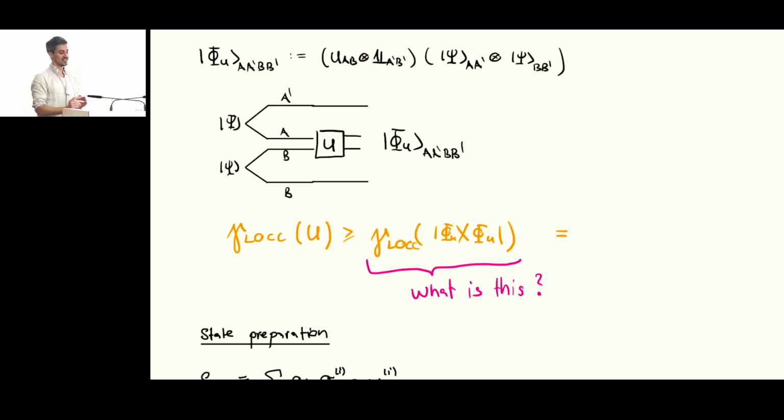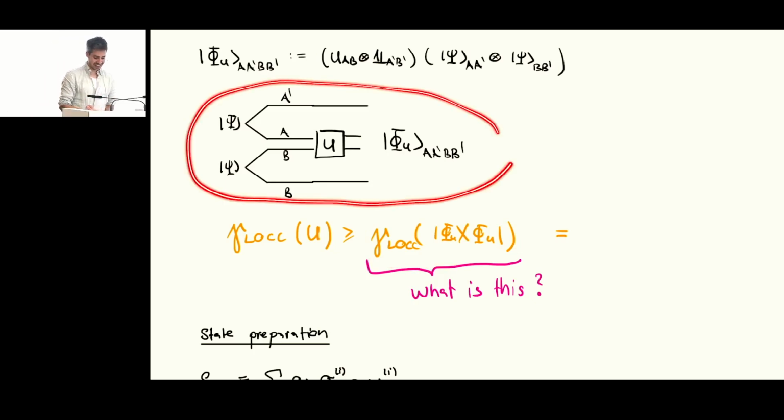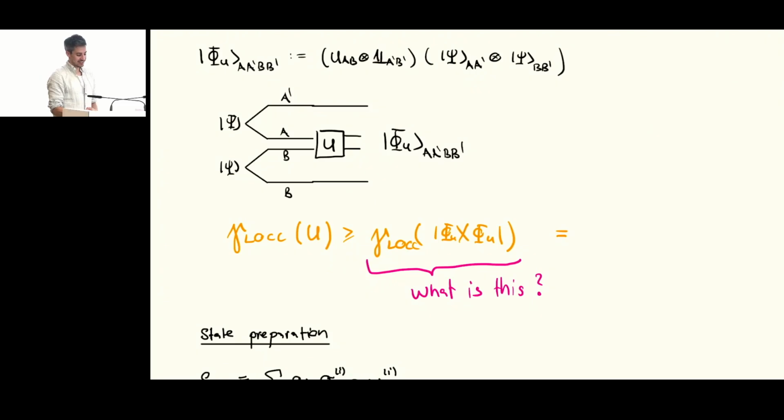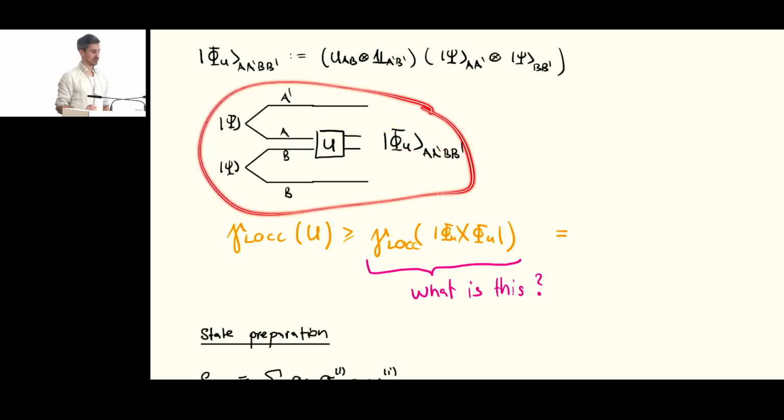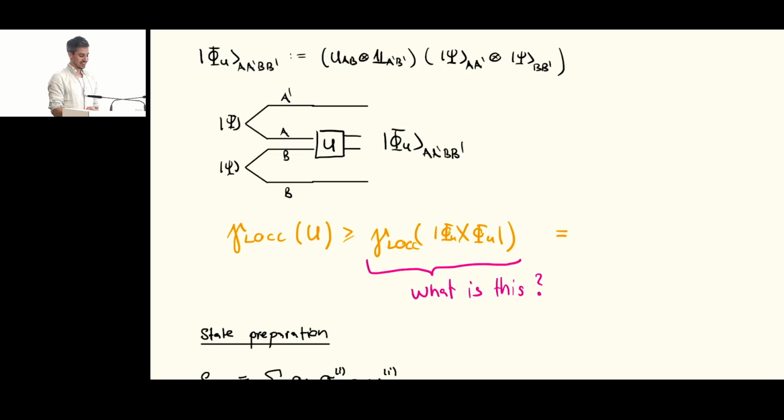Okay, why is this the case? This is the case because you can see here in this diagram that if we can simulate the unitary, we can create the Choi state with this protocol here. So therefore, the overhead for doing the unitary in a LOCC way cannot be smaller than creating the Choi state, because we can just run this protocol.